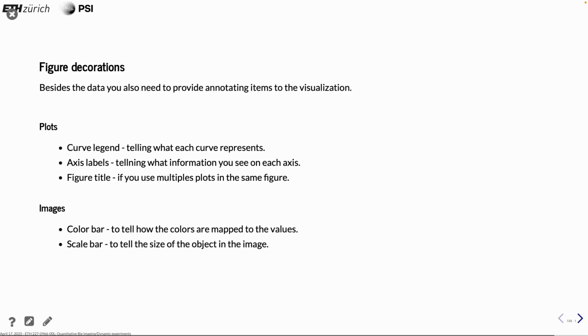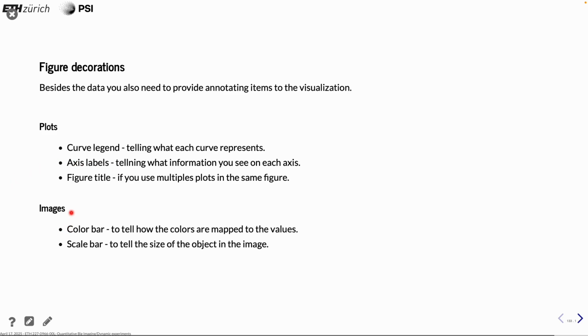A lot of this I said already, but don't forget the curve legend, axis labels, figure title, all that. Figure title depends a bit. If you have multiple plots in the same figure, then you should have it. If you only have a single figure, then the title is usually already mentioned in the figure caption, so you don't need it.